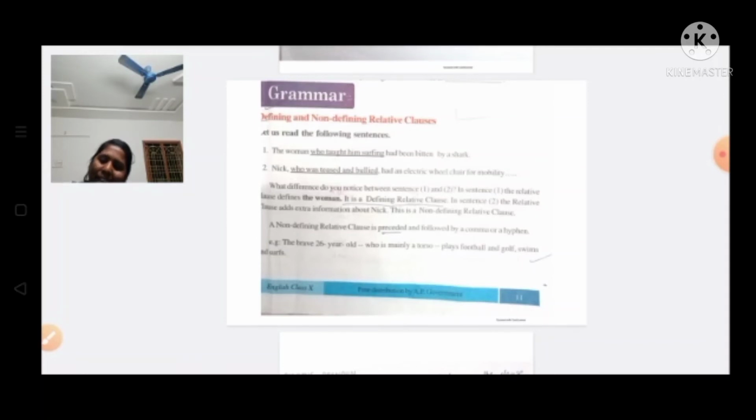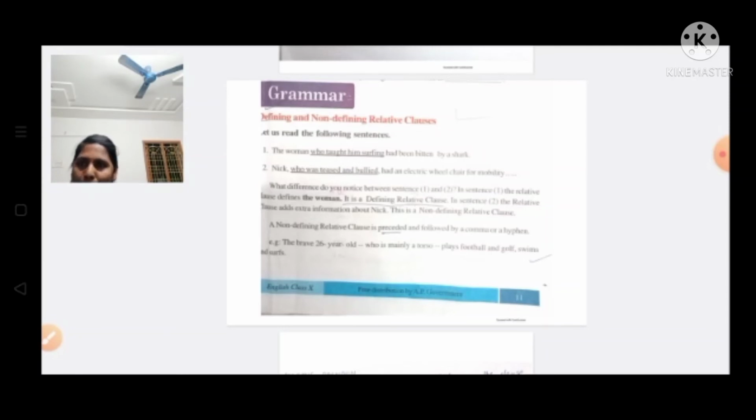In sentence 2, the relative clause adds extra information about Nick. This is a non-defining relative clause. A non-defining relative clause is preceded and followed by a comma or a hyphen.